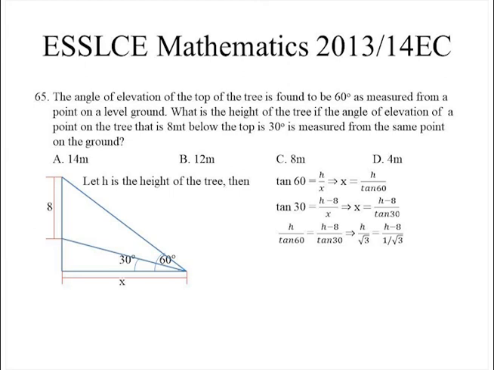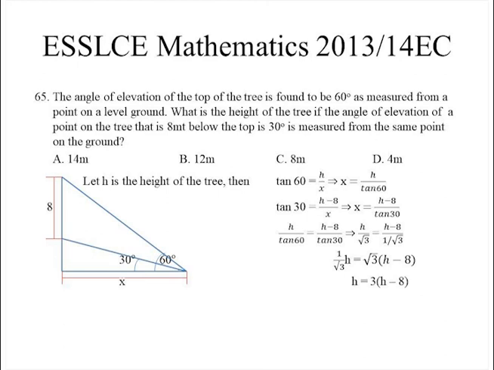Multiply crisscross, thus 1 over root 3 times h, simply h over root 3, is equal to root 3 times h minus 8. Multiply both sides by root 3. We will find root 3 times h over root 3 is simply h, is equal to root 3 times root 3, which is 3, times h minus 8.